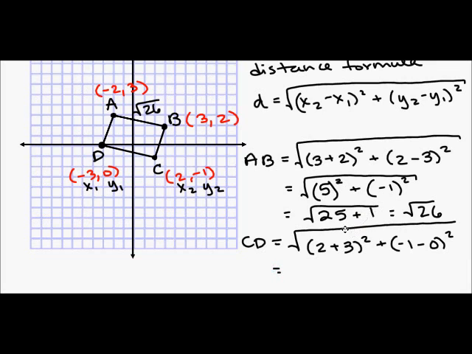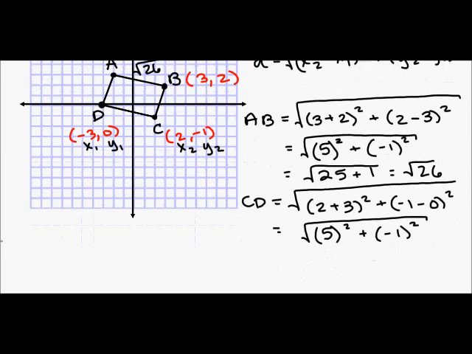Okay. 2 plus 3 is 5, so we have 5 squared plus negative 1 minus 0 is negative 1 squared. And you can see this step is the same as the step up here. So we should end up, and we do, with the same answer. So this is still the square root of 25 plus 1, which is the square root of 26. So square root 26. So far, so good.